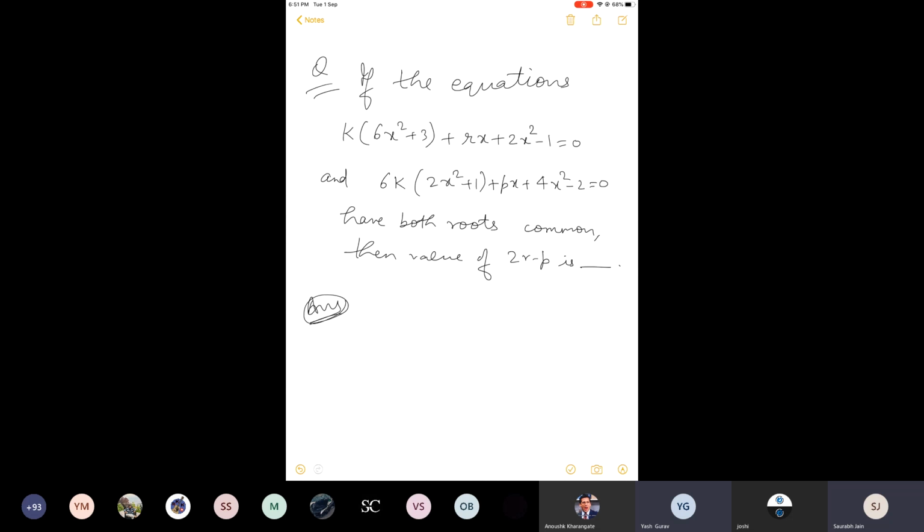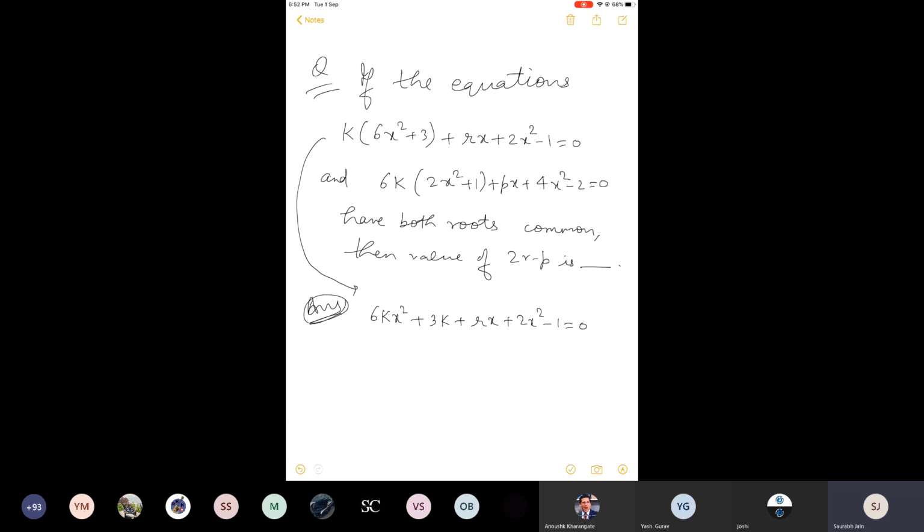Okay, so regarding this question, listen carefully. First of all, we have to change the quadratic equations into standard form. Why? Because this is not in standard form. Multiply by k. This will be 6kx square plus 3k plus rx plus 2x square minus 1 equals 0.